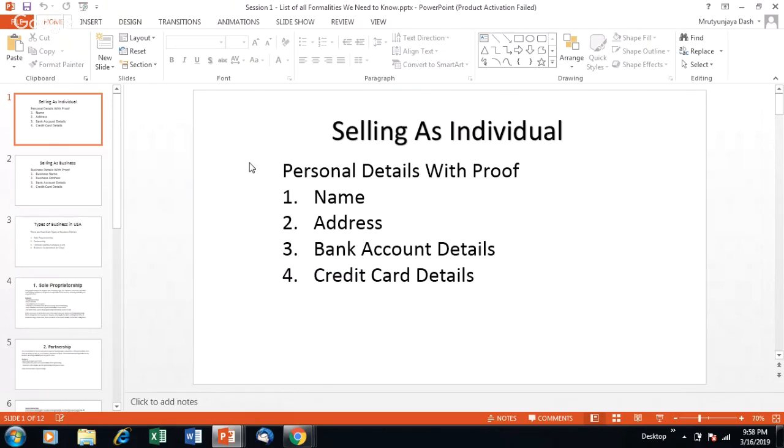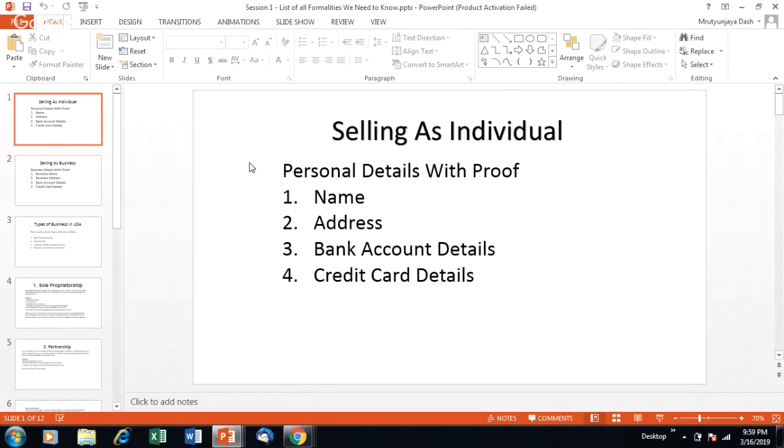So when selling as an individual, what all things will we require for the registration? The same applies to the business. What all things would be required from the business perspective, the documents and those things also have to be submitted to Amazon.